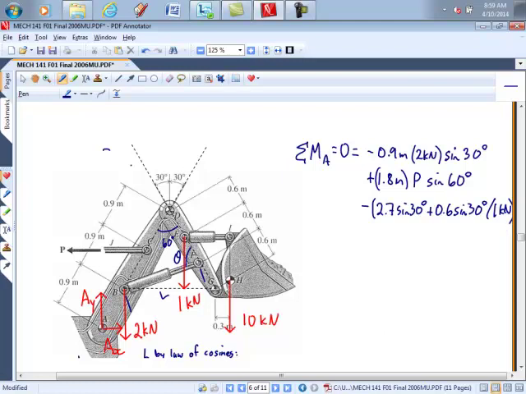And then the last one, I'm going to have, again, minus, this is 2.7 sine 30.